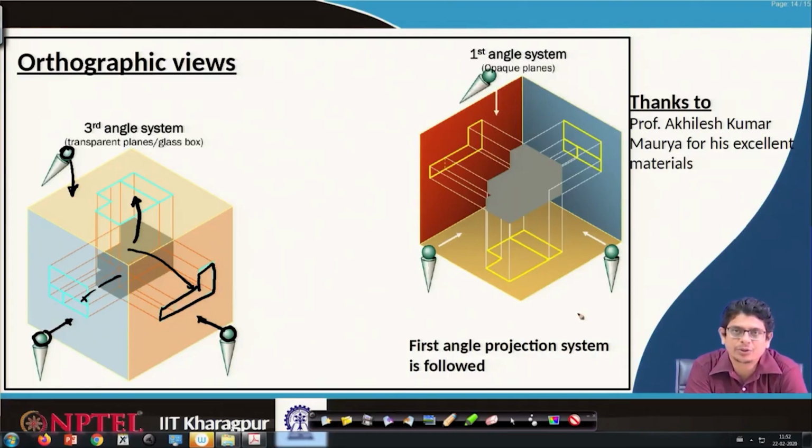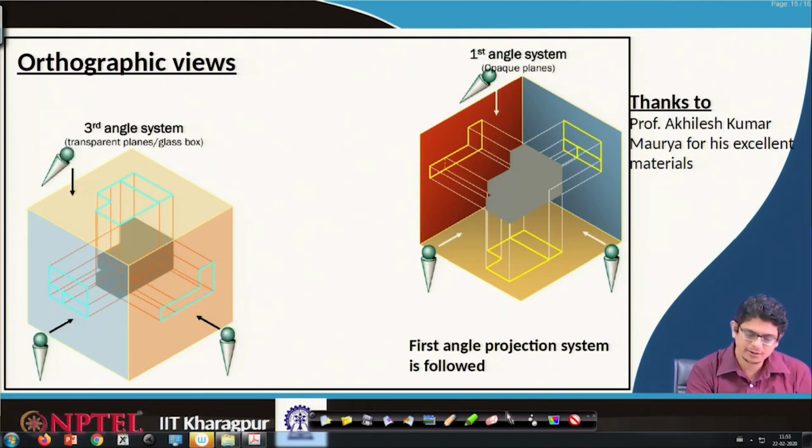Here in the first angle projection, the planes on which we are going to project the views will be opaque, and the direction through which we are going to see will be transparent. Because of that easiness, usually we go with the first angle projection system. Anyone can go with either of them.